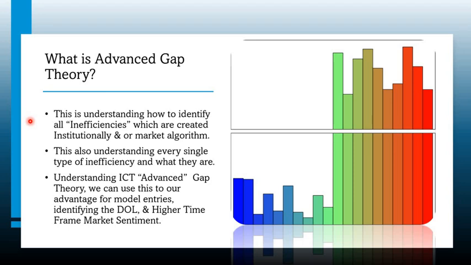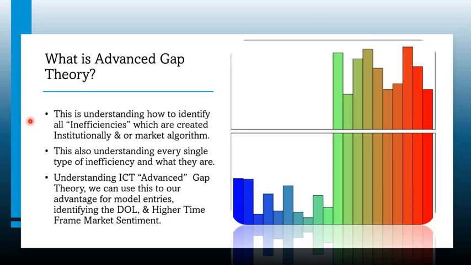Price needs to meet at the same level for price to balance each other. When price doesn't meet at the same level on both the buy side and the sell side, price is not balanced. And same thing for price being efficient and moving efficiently: price cannot move efficiently if price is not balanced. So if there's an imbalance, price is inefficient.